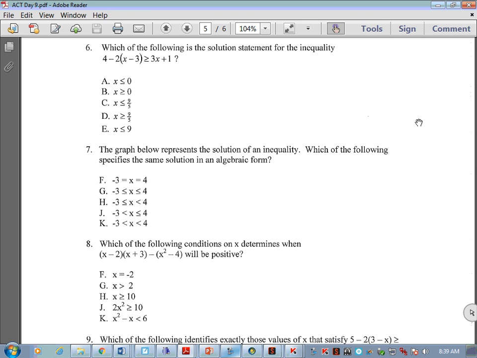Which of the following is the solution statement for the inequality? All right, so this is gonna take some steps, but let's see. Okay. First thing we want to do is simplify as much as possible. So first thing we want to do is distribute the 2. So we're going to get 4 minus what?